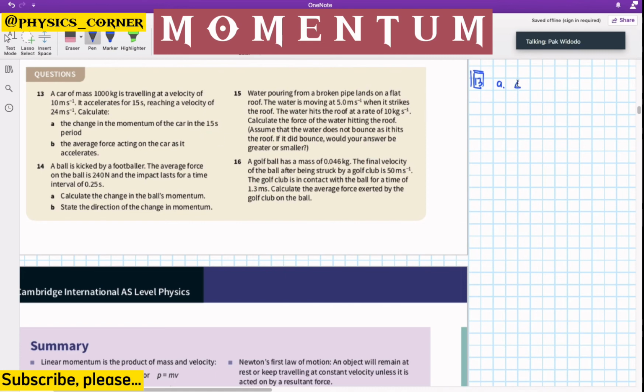Change of momentum is delta P equals m delta V. Mass is 1000 kilogram and delta V is 24 minus 10, which equals 14. So it is 14,000 kilogram meter second minus 1. That's it.